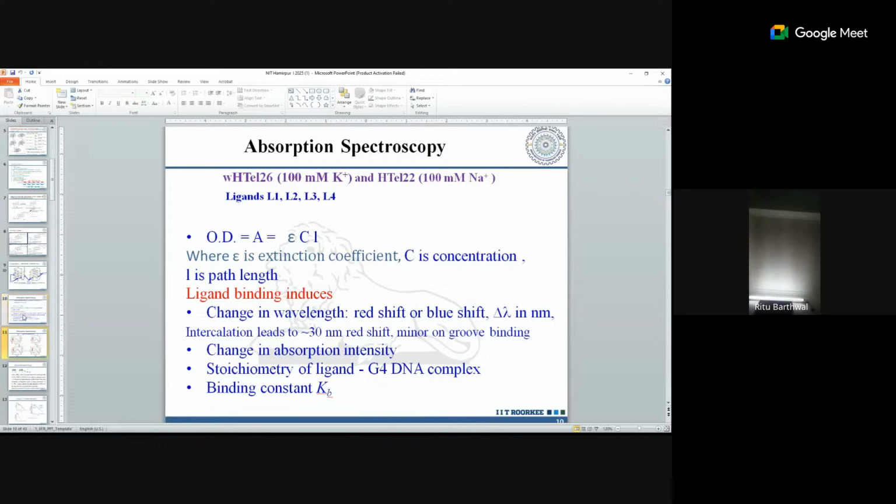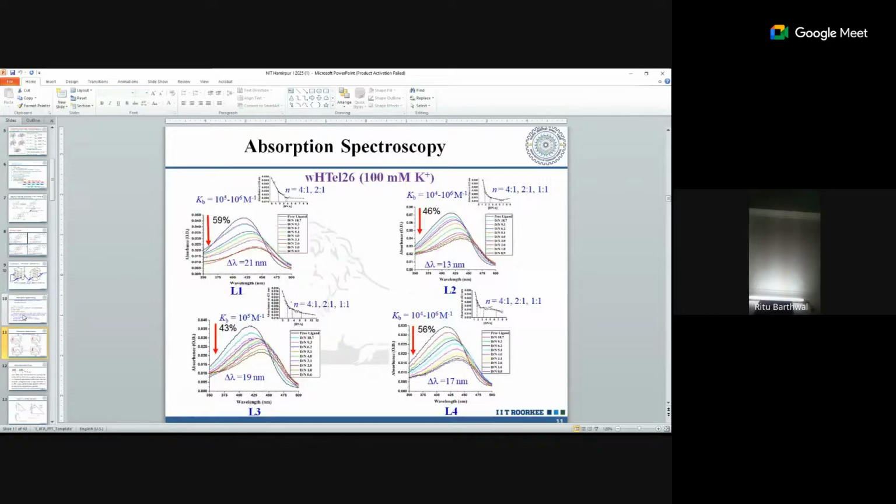In the 11th slide, you can see some of these results. It's similar, so I don't have to go into much detail. You can see we are taking a good amount of ligand, and then we are adding drug, and we are looking at the drug peak. The drug, or the ligand, absorbs around 480, 490, 500 nanometer, because DNA does not show any absorption there.